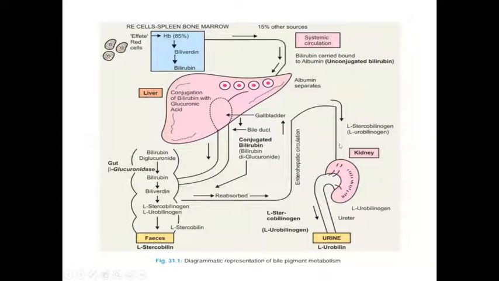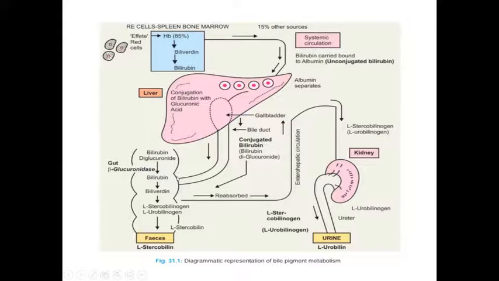Now this diagram represents the bile pigment metabolism, the same thing I discussed in the previous slide. This is how the hemoglobin is reduced to biliverdin and bilirubin. The bilirubin enters into the liver. As I told you, this bilirubin combines with the albumin and enters into the liver, where it is conjugated with the glucuronic acid and enters into the gallbladder, the bile duct, and again enters into the intestine.